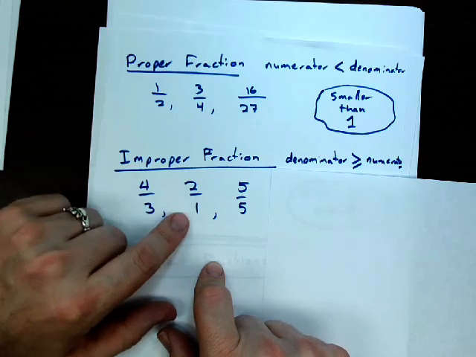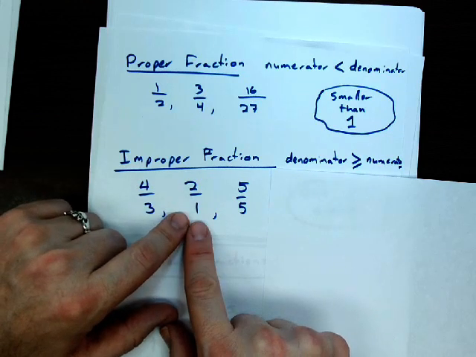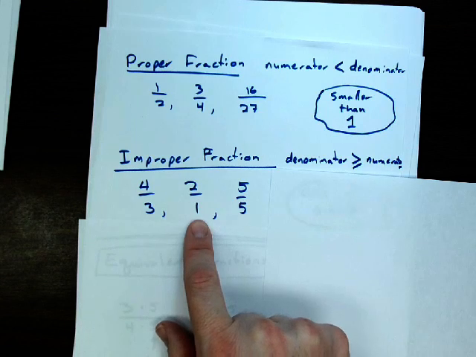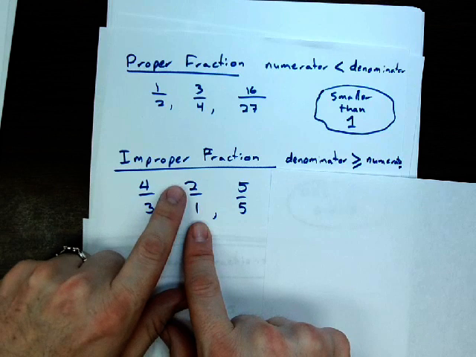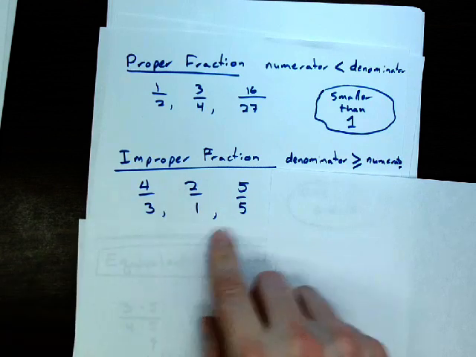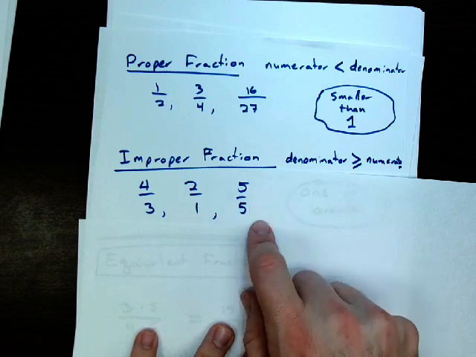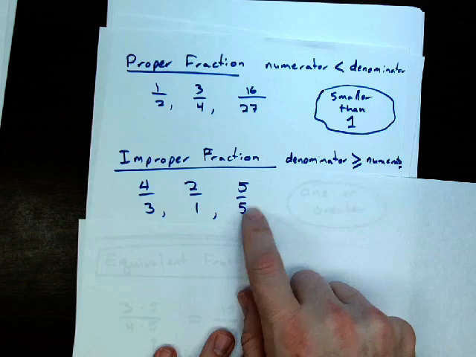With 2/1, my pieces are just equal to an entire thing. Each piece is one whole thing. So this number would be equal to 2. And then I've got this special one here, 5 over 5. That one basically says, I've got all of the pieces I need to make up 1.